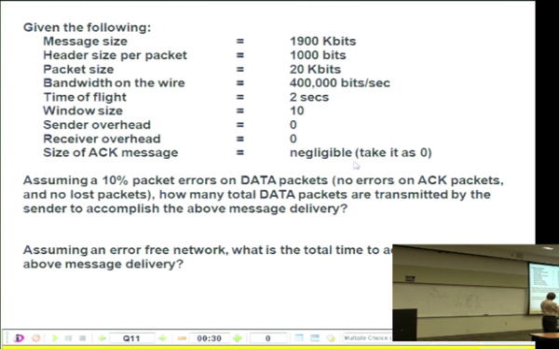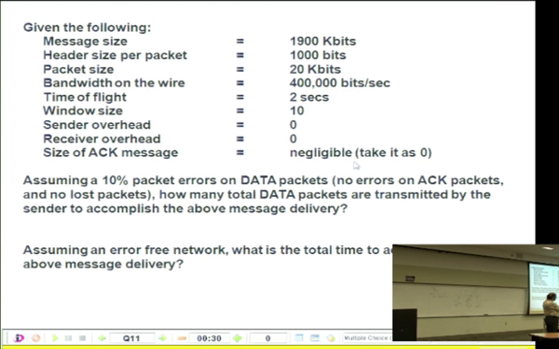Here we're not talking about the time, we're just asking how many data packets are transmitted, because we're saying ACK messages are negligible, so we don't worry about ACK messages getting lost or the time for it. The only thing we're worried about is the data packets. So you can do something similar to what we did in the previous problem, right? For just computing the packet loss, do we need this?